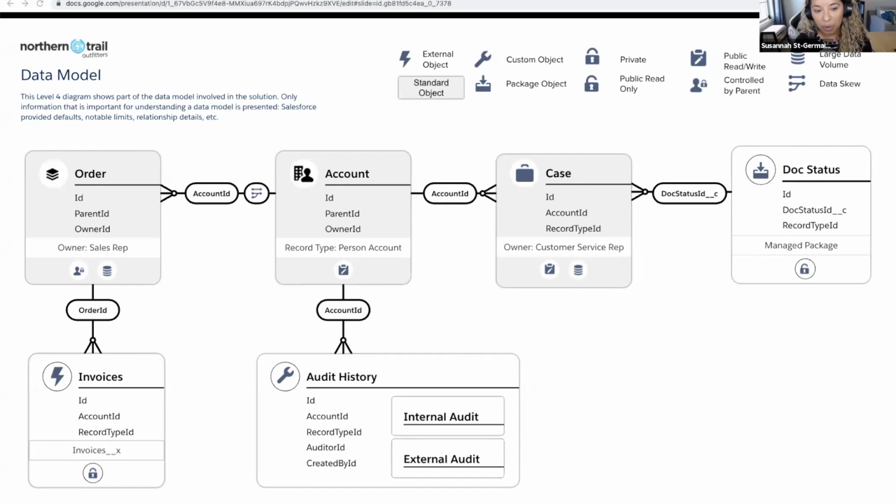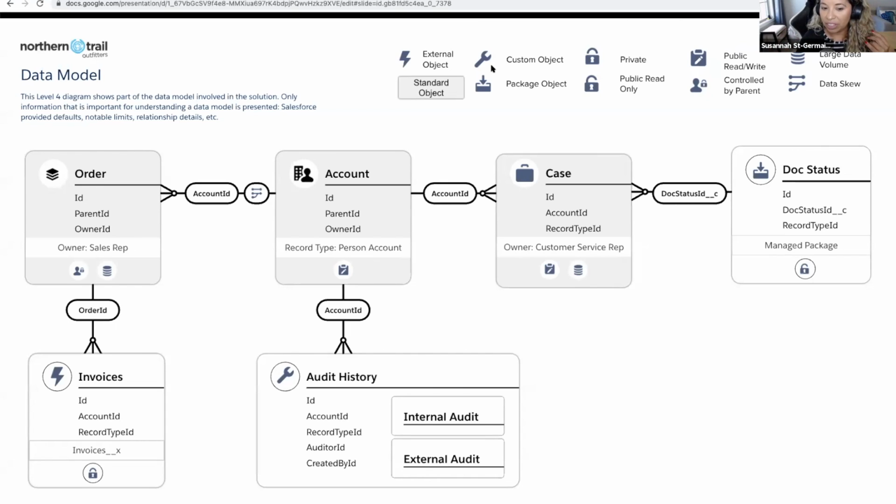So continuing with our B2C commerce example, this level 4 diagram shows the part of the data model. It's not the entire data model. It's showing the part of the data model involved in the solution. And you can see that it's using this larger key right up here to show some really, really specific detail.